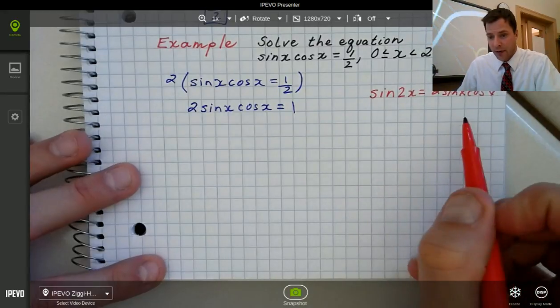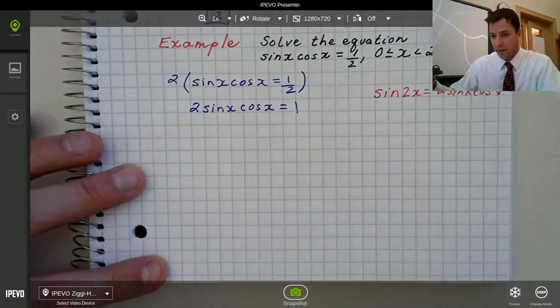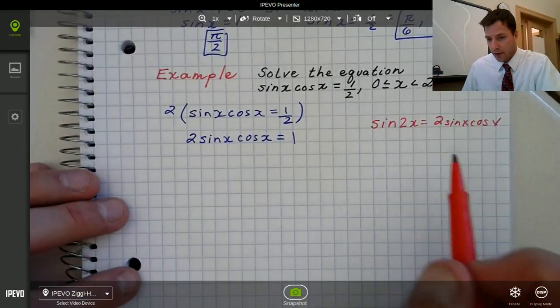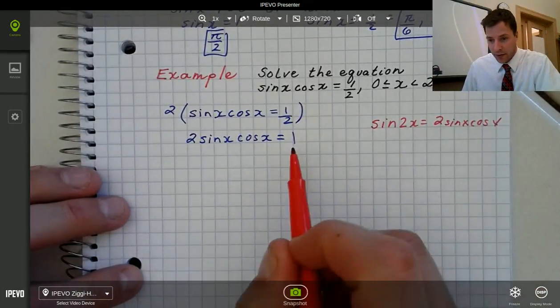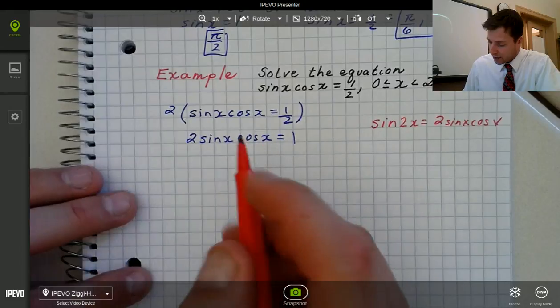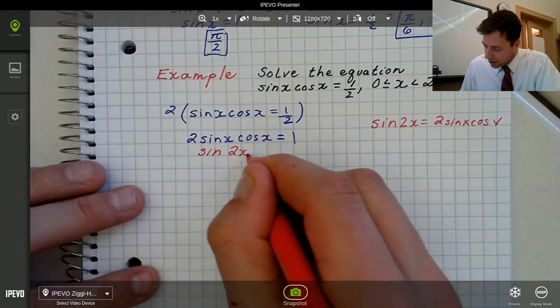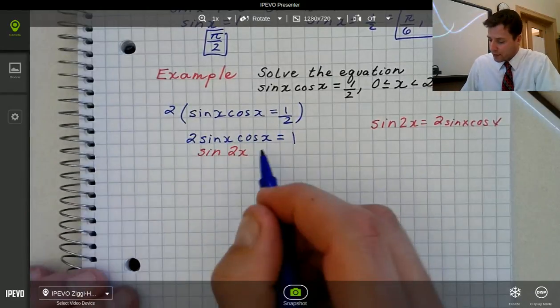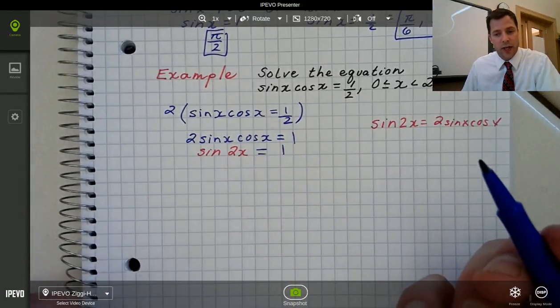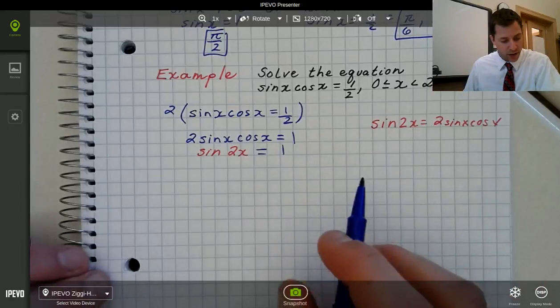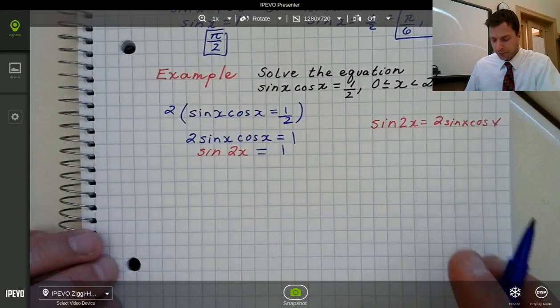That's the property we're going to use here. So we're going to switch this out. So now we're going to say sine of 2x equals 1. So there's the substitution with the trig right there from here to here. It's one of our properties.